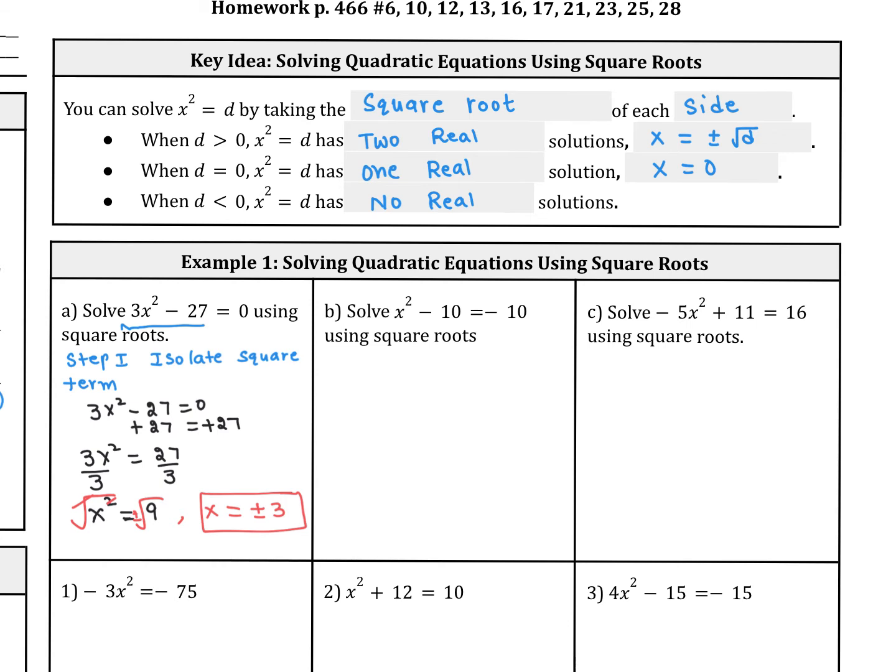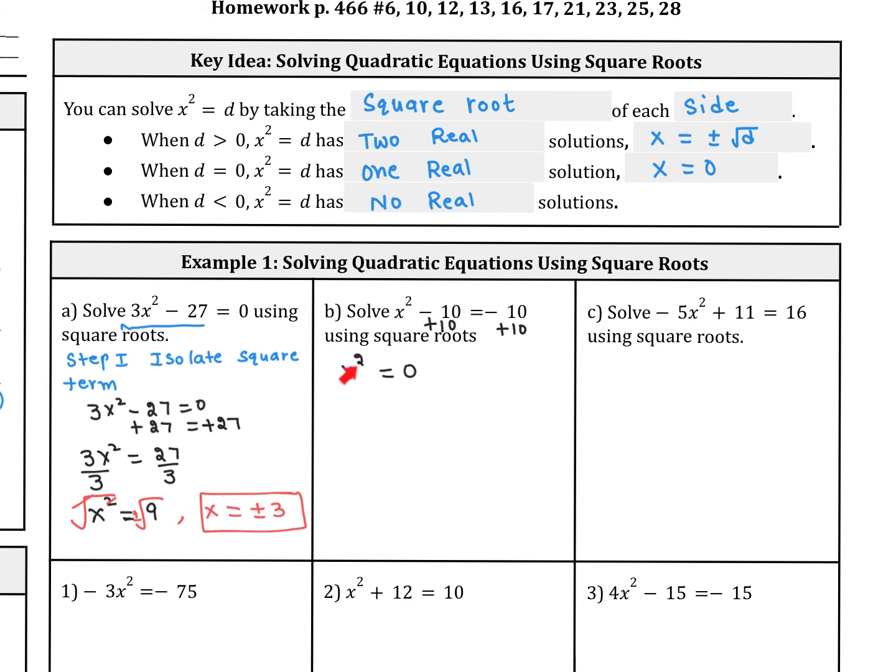Letter B, you're going to solve for x, and again you're going to isolate the x squared term by adding 10 on both sides. So you add 10 on both sides, you get x squared equals 0. Now you're going to solve for x. It means you need to remove this 2.